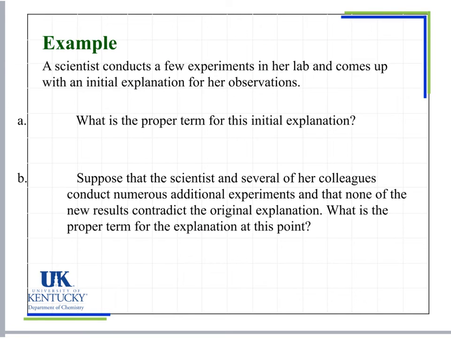So as an example, to make sure we understand what is a hypothesis and what is a theory, we have this example. A scientist conducts a few experiments in her lab and comes up with an initial explanation for her observation. What is the proper term for this initial explanation? Again, we have this word initial. When you have an initial explanation, it's a hypothesis.